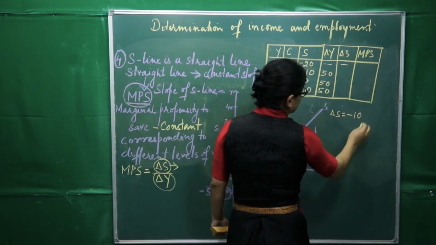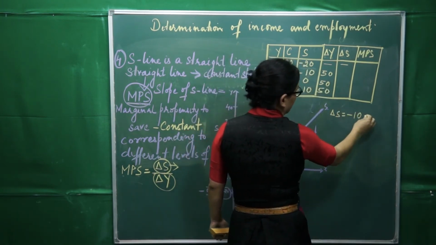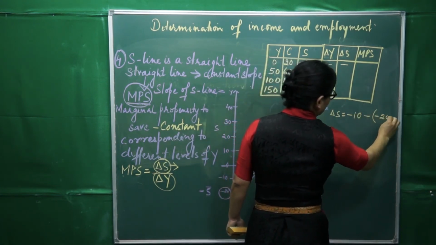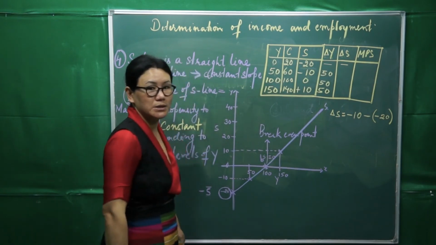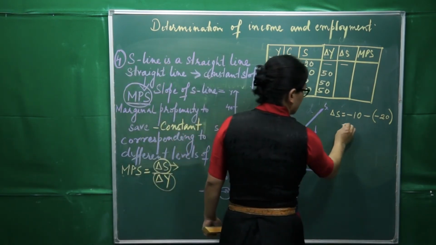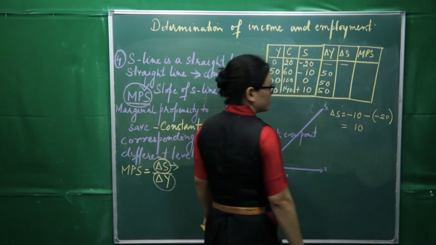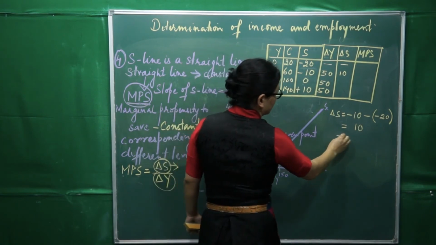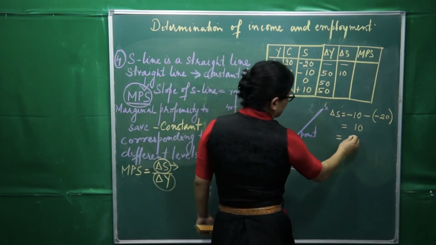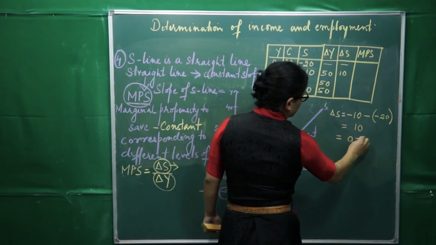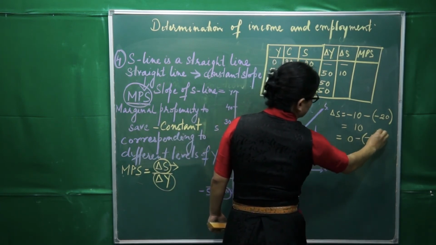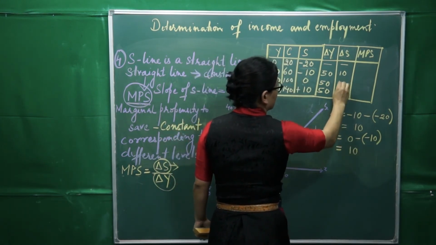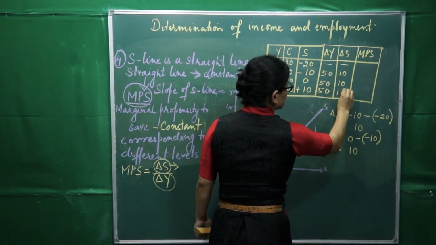Minus 10 minus minus 20, that is 10 here. Same case for the second one: 0 minus minus 10, that is 10. So here also it is 10.